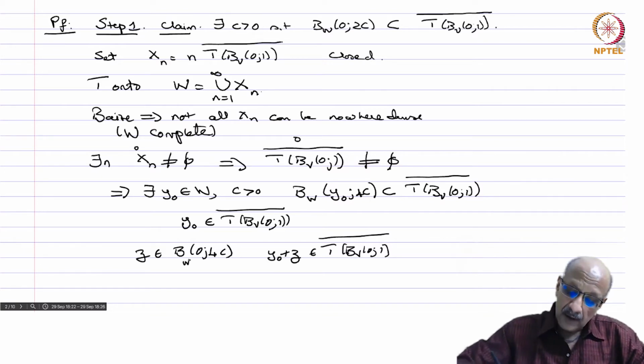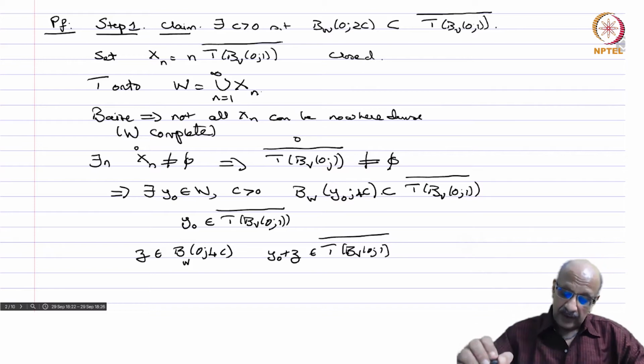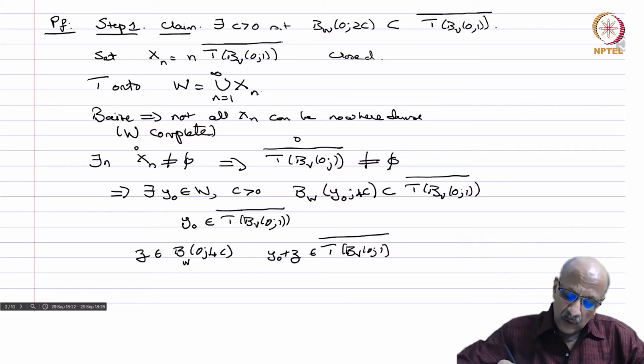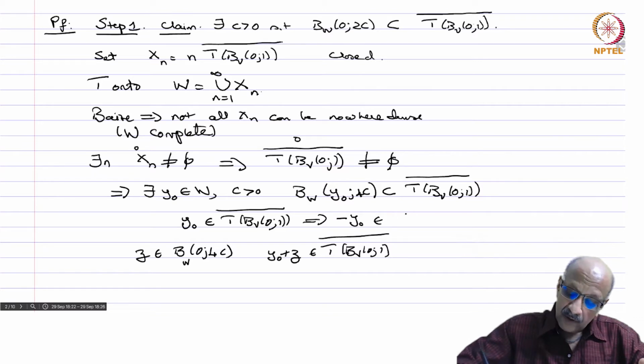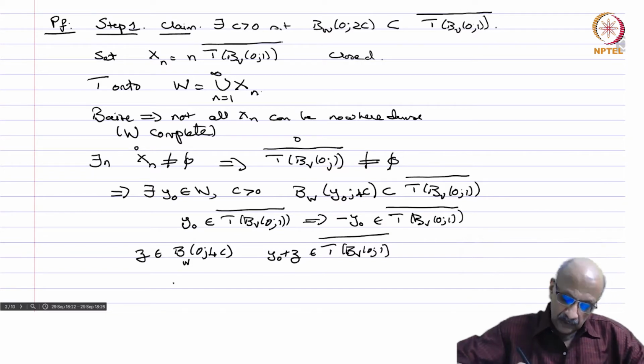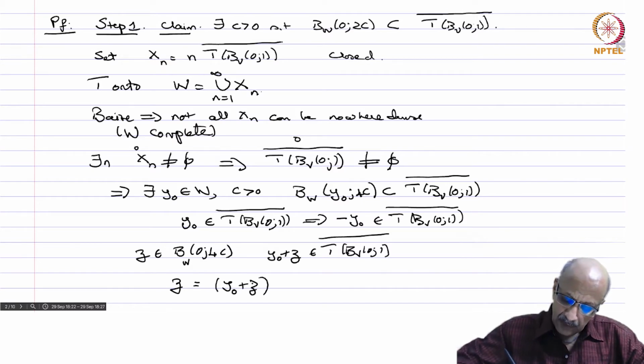Okay, y naught plus z. Now B_V(0,1) is a symmetric set and T is linear. Therefore, if y naught belongs to it, this also means that minus y naught belongs to T(B_V(0,1)) closure. So now I am going to write z as y naught plus z plus minus y naught.